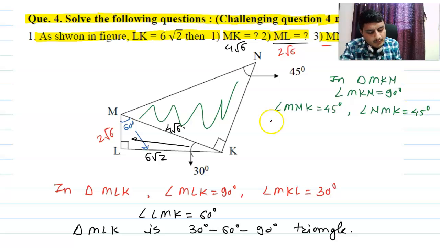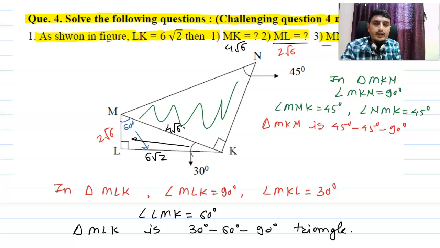So here we can write that triangle MKN is a 45, 45, 90 degree triangle. The sides opposite the 45 degree angles are 1 upon root 2 times the hypotenuse. Look at the sides opposite the 45 degree angles: we have NK and MK.